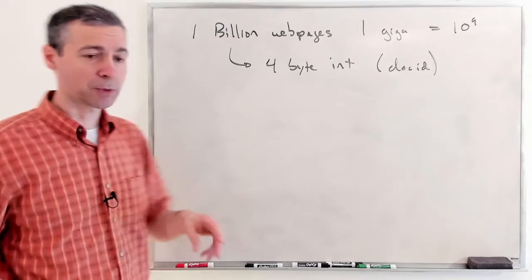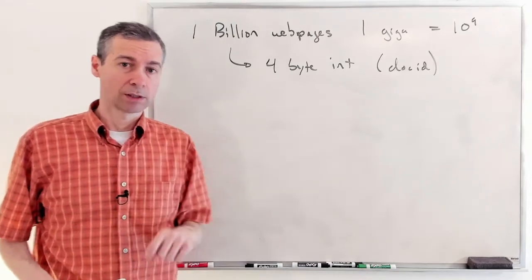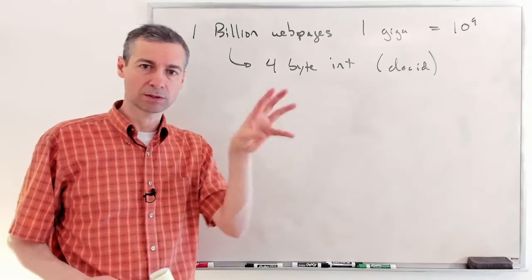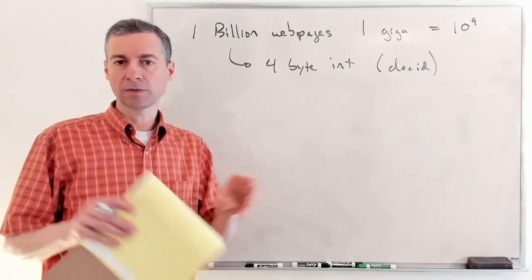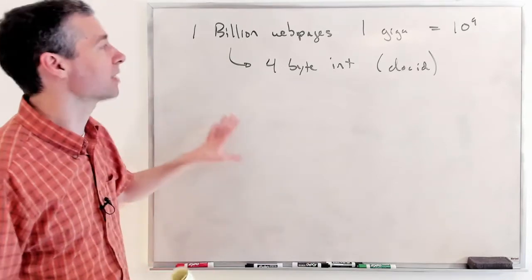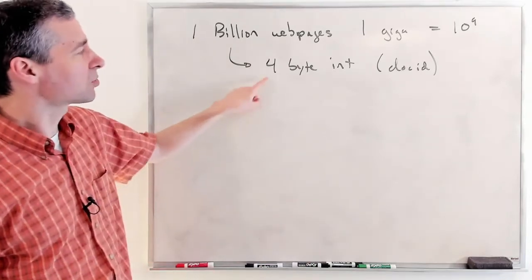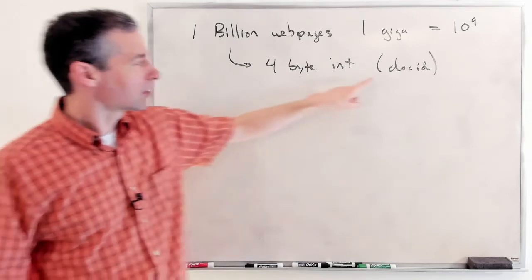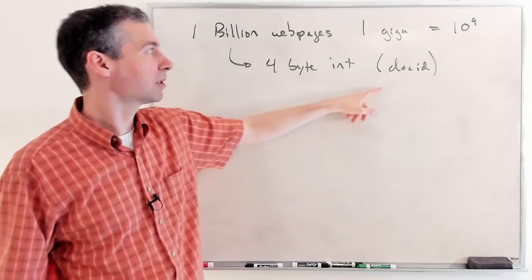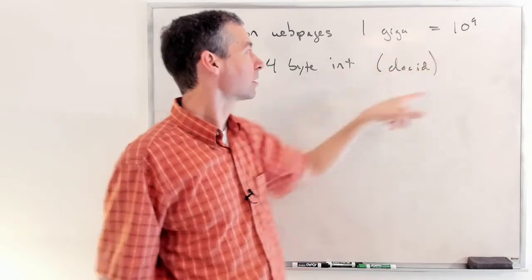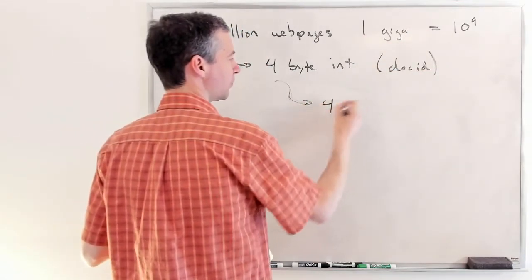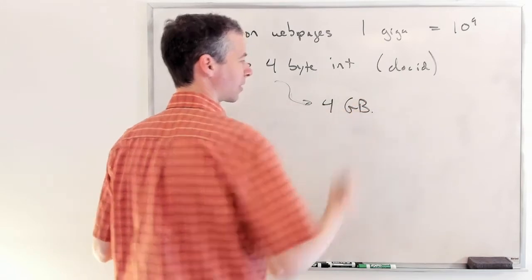Now, not only that, but we're going to store their counts as well. And don't forget that we have to store information about the words as well, the actual strings and things. But nevertheless, if we wanted to store each of the document IDs once, that's 4 bytes per document ID, that's giga, 10 to the 9th, that's 4 gigabytes.